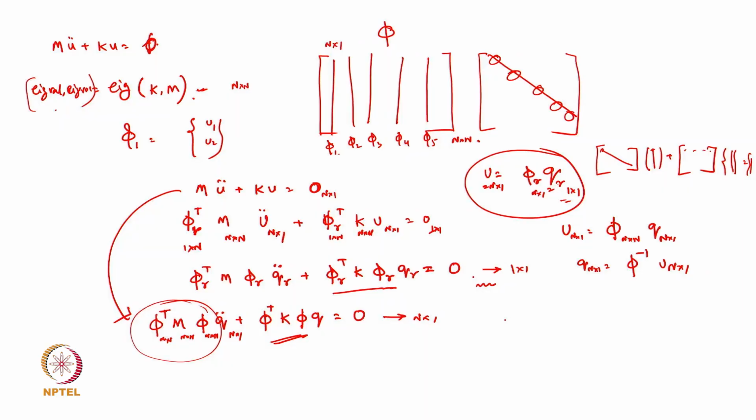Once they are orthogonal, then we can say that phi r transpose with k into phi j should be equal to, so this is 1 cross n, this has a transpose, this is n cross n, this is n cross 1, so this will be a single value, and that will be 0.